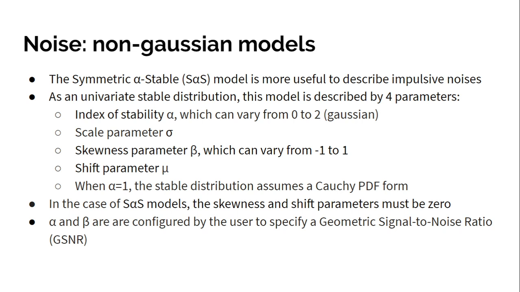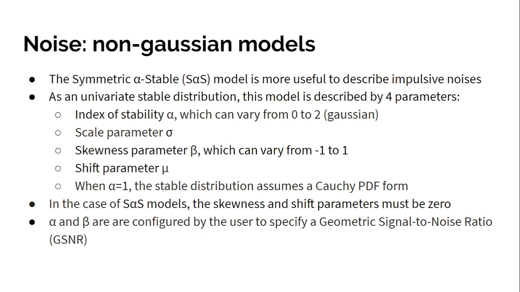It's also present in the literature as a more used method to model impulsive noises. So I'm not going to go too deep on its mathematical formulation because there is not actually a closed form of the PDF for this model.